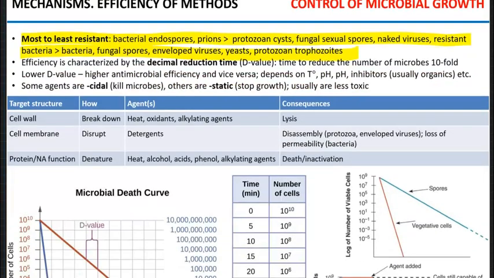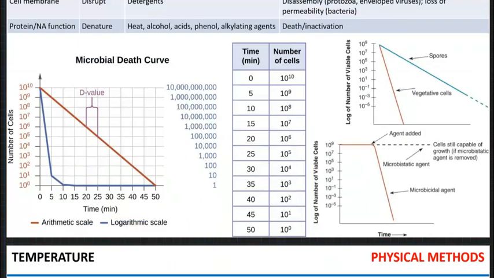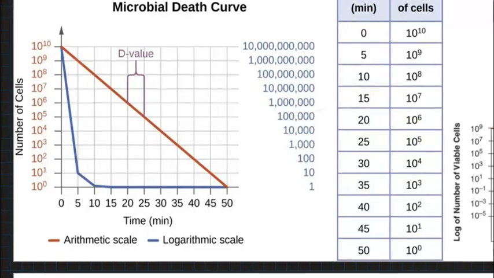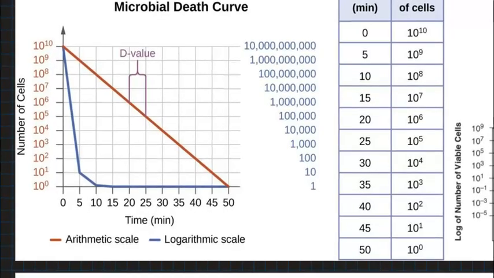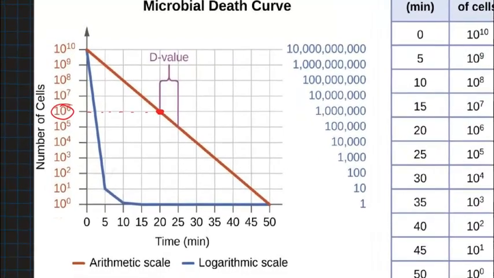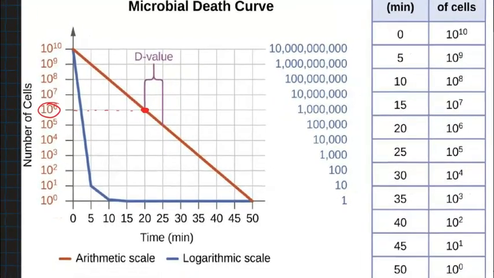How can we quantitatively characterize the effectiveness of the method? We can do it by the decimal reduction time. So what is decimal reduction time? This is the death curve. Okay? Now this point right here corresponds to 1 million bacterial cells. Do you agree with me?